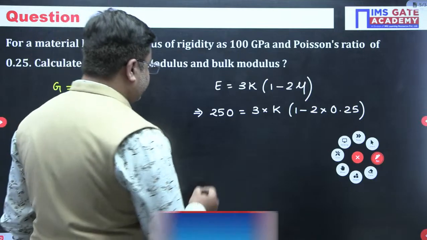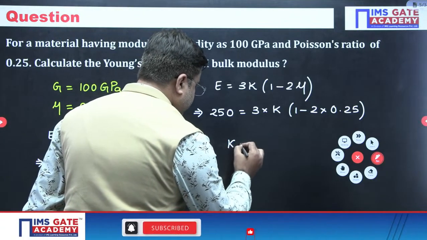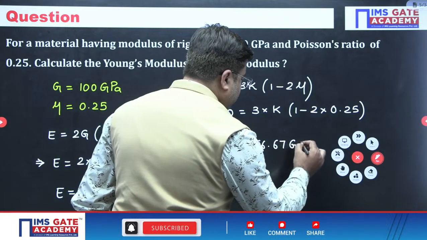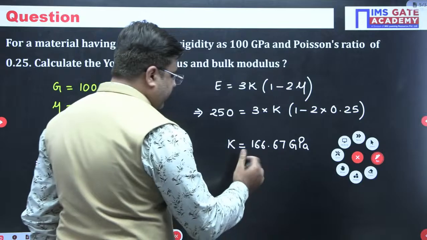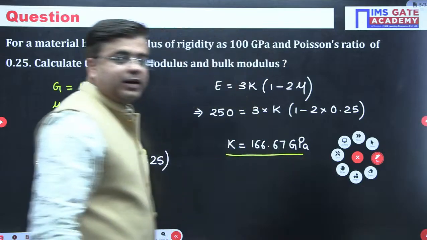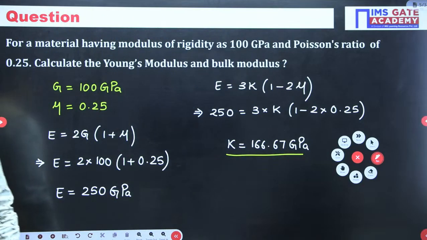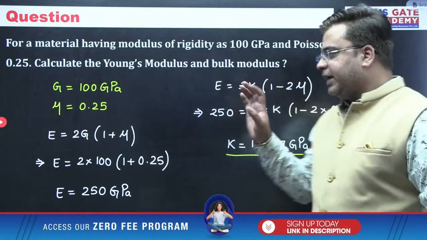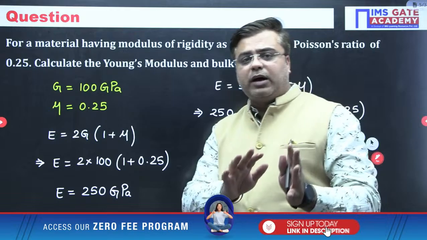So this is again 166.67. All of you just quickly confirm, are you getting the same answer or any other answer? Yeah, so K is 166.67, absolutely correct. So this is one of the basic areas from where you can expect an easy 1 mark question.